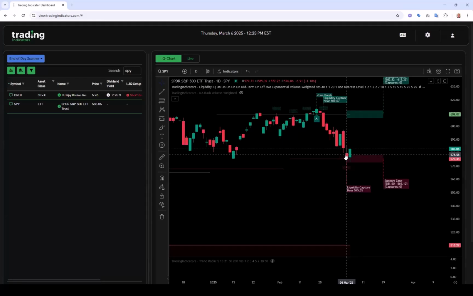And if these two conditions come together, wicking to support and abnormally high volume, a liquidity capture event is being flagged. So this is the technical explanation. And of course, this can also happen at the resistance level, where we are wicking into resistance, we are not breaking it, and we have abnormally high volume. This is the explanation from a technical point of view.